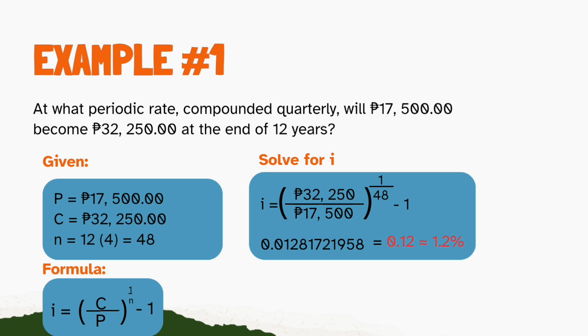You can also simplify it to 0.012. And you can then convert it to a percentage by multiplying it by 100. So 0.012 multiplied by 100 is equal to 1.2%. So the final answer for this question is that the periodic interest rate is 1.2%.